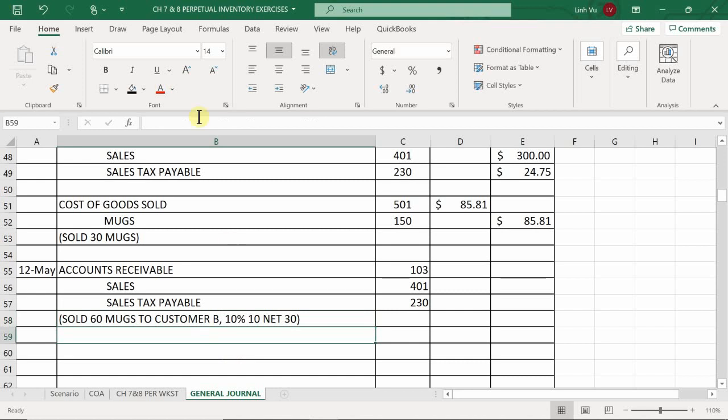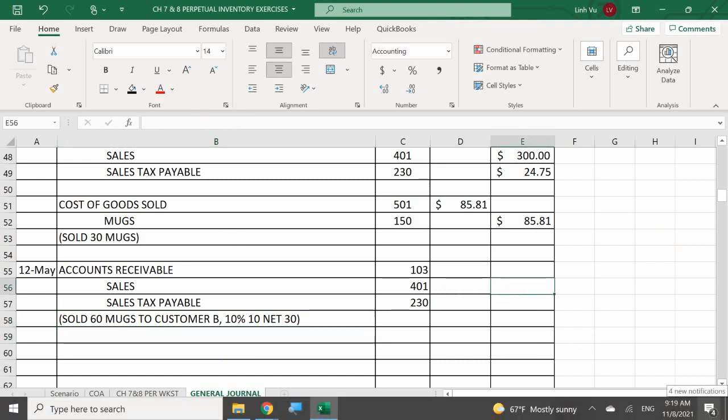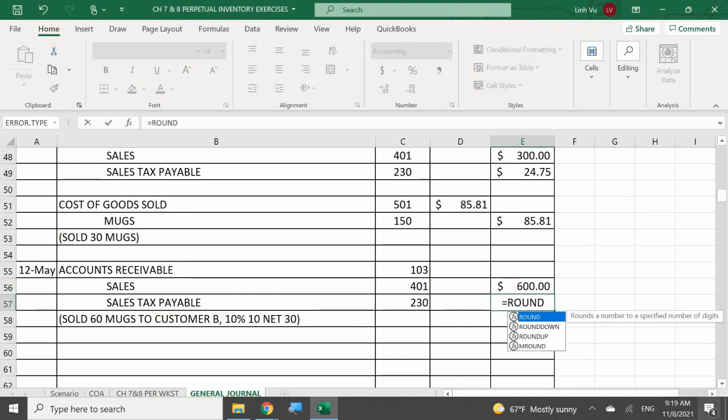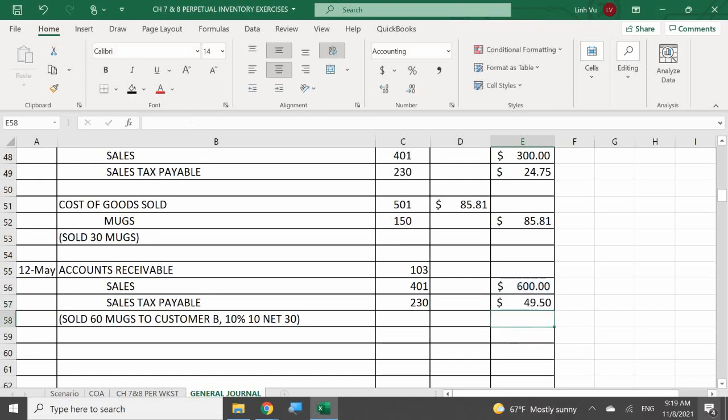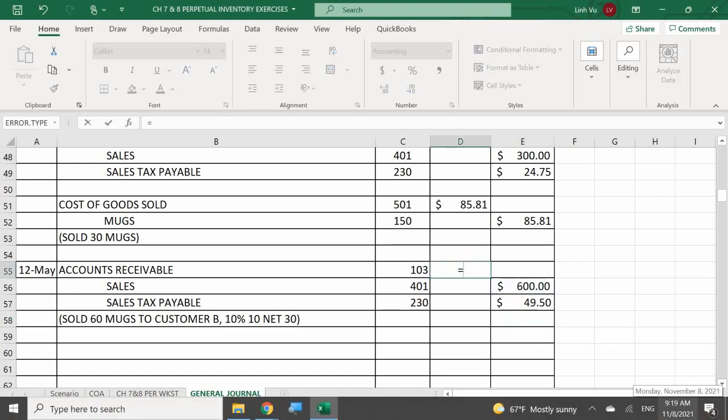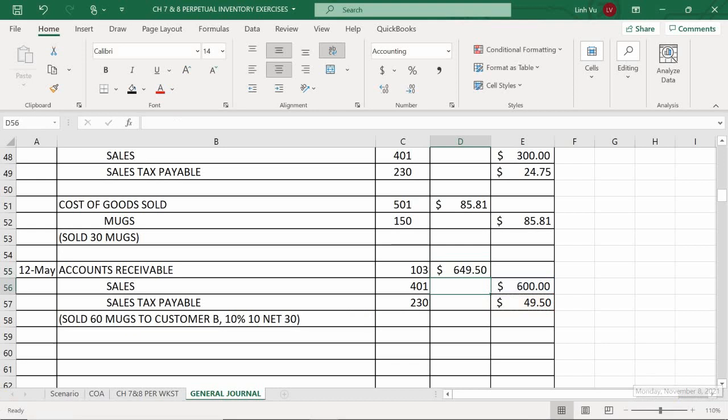Okay. So, how much was my total sales going to be? 600. How much tax did I charge? $49.50, bringing my total amount that he owes me to $649.50.